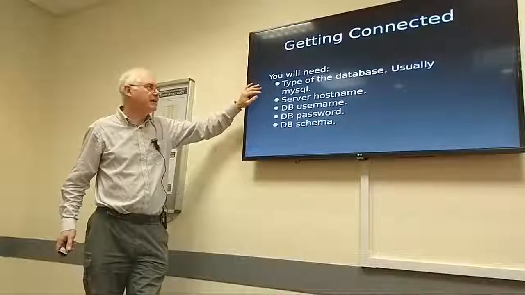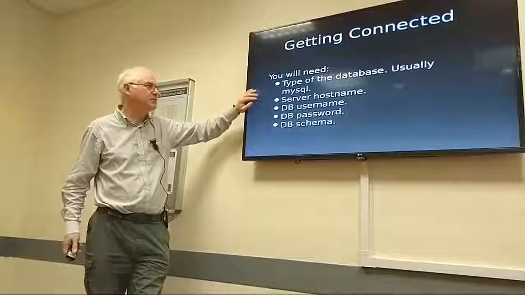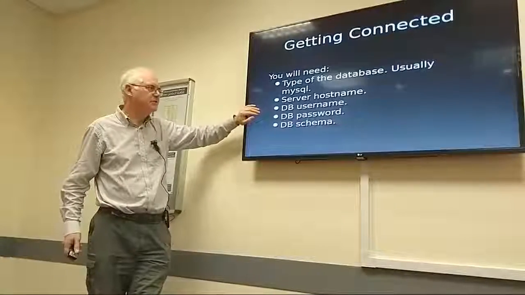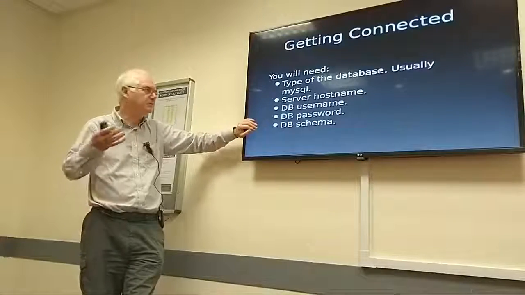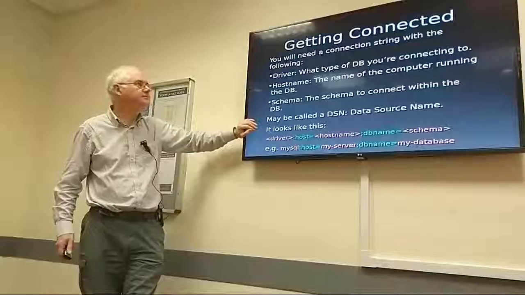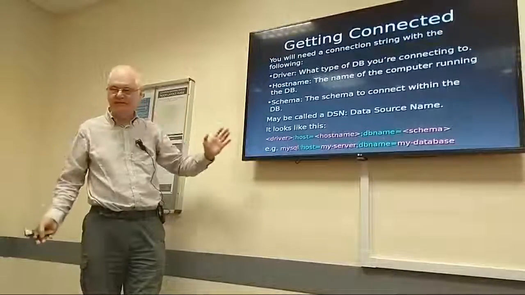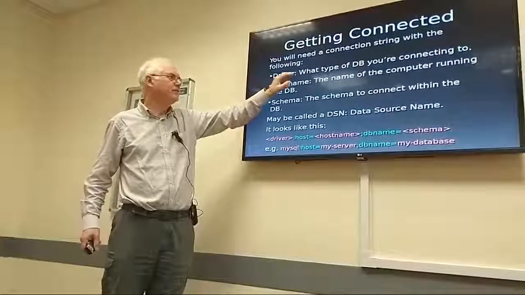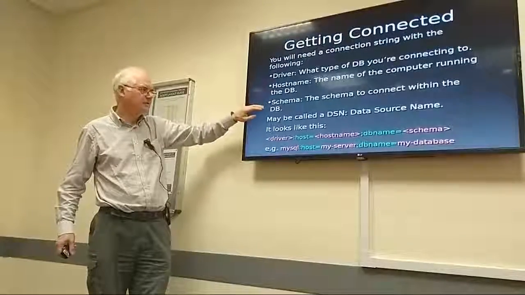In order to get connected, you'll need the type of database, which in our case is going to be MySQL. You'll need the server host name, the database username, the database password, and the database schema. You'll need all of that to make your connection. So you'll need a connection string that you build up. You need to name the driver, what type of database you're connecting to, and you'll need the host name and the schema.